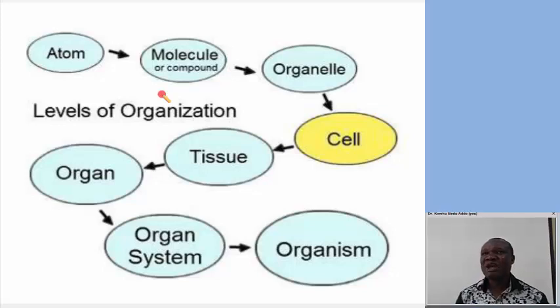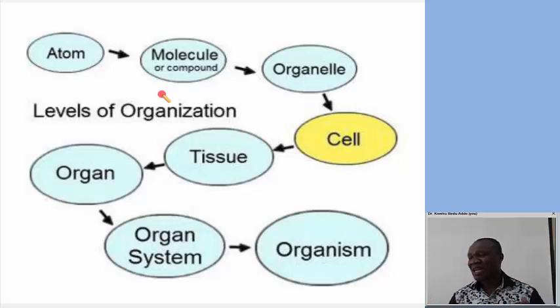If we take the reproductive organs, depending on whether you're talking about the male or female, you have the testes, you have the accessory glands. If we talk about the digestive system, it has a lot of organs coming together. And these organs coming together play a particular function. And this will give us the organ system.